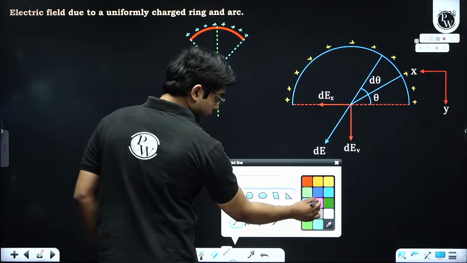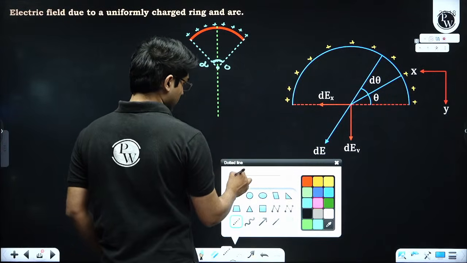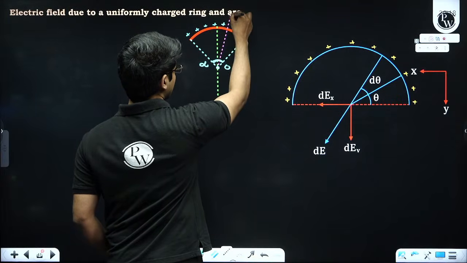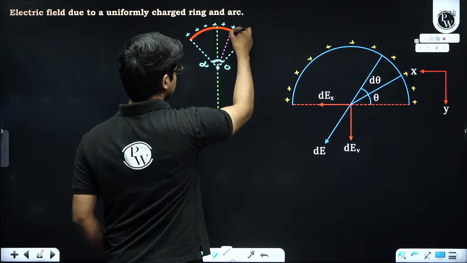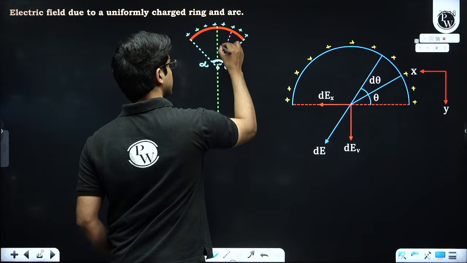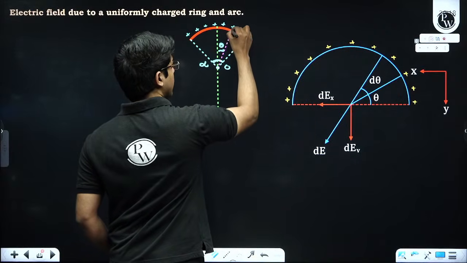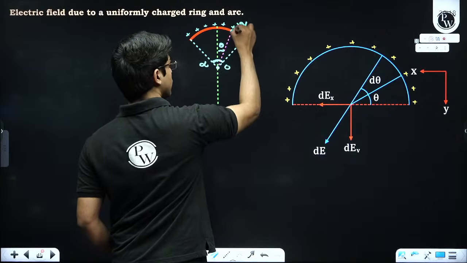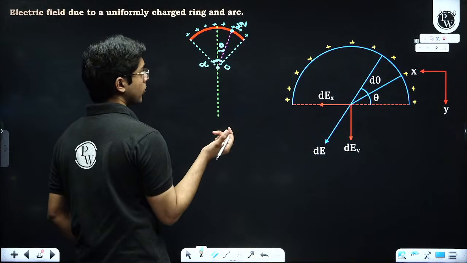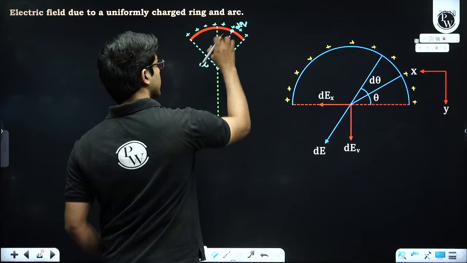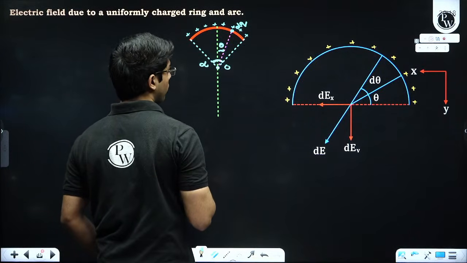So to notice that, what I'll do is I'll take an element. This is the angle bisector line. I'll go clockwise by some angle theta, and at this location I am choosing a small dq charge. Dq in calculus means a very small quantity. So I'm choosing a very small quantity of charge here, which we can practically treat as a point charge.